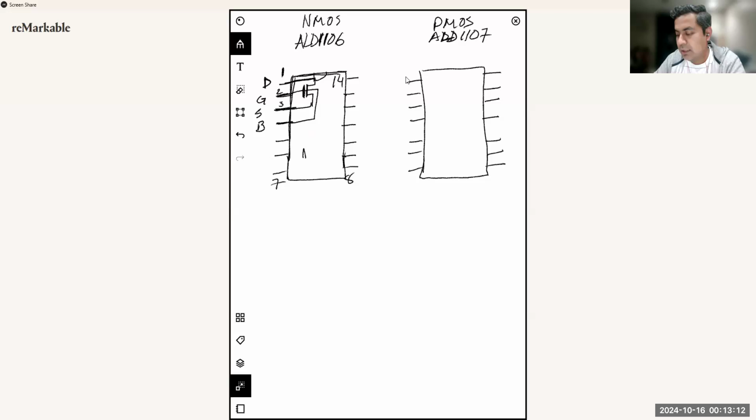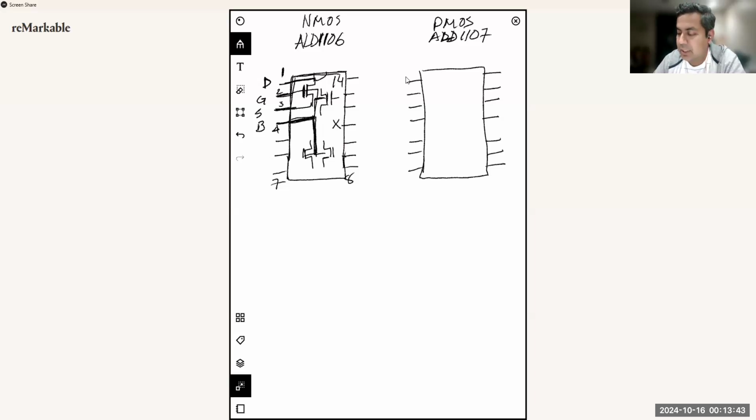There is one NMOS here, there is one NMOS here, and then you have another NMOS over here. All 4 NMOSs have a body connection to pin number 4. So all 4 bodies are shorted together and connected at pin number 4.